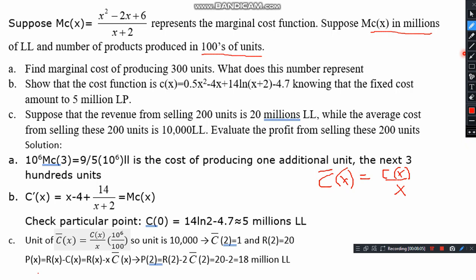They gave us the unit of C of X, which is million. So this is million, and the unit of X is in 100. So what will be the unit of C bar? It will be 10,000. And since this is 10,000, this is 1. So it will be 20 minus 2 times 1 is 2, which is 18 million Lebanese lira.